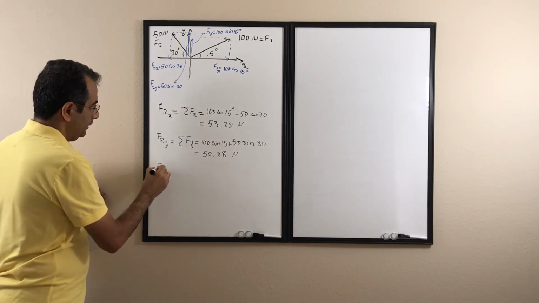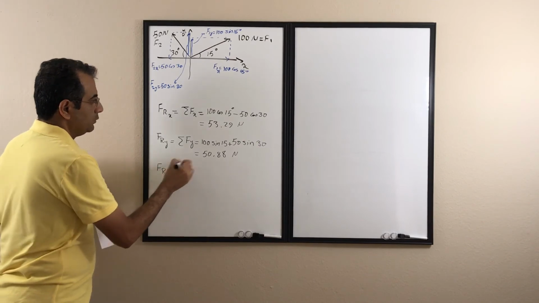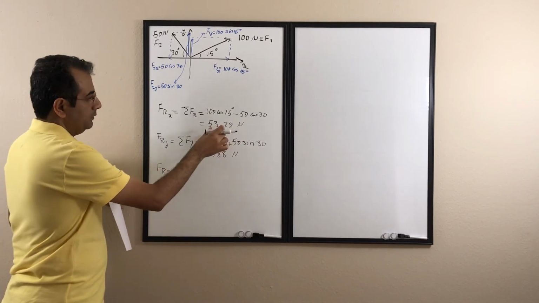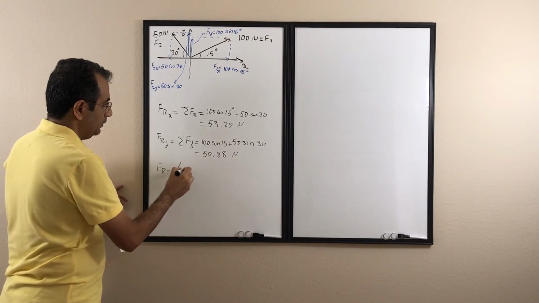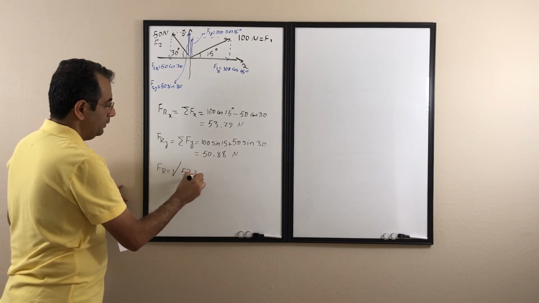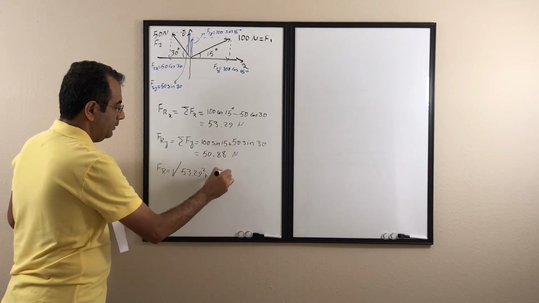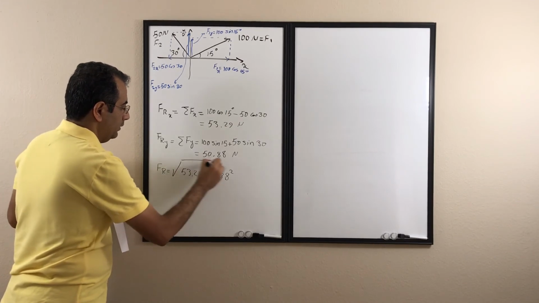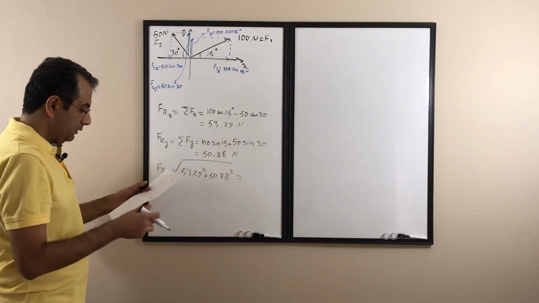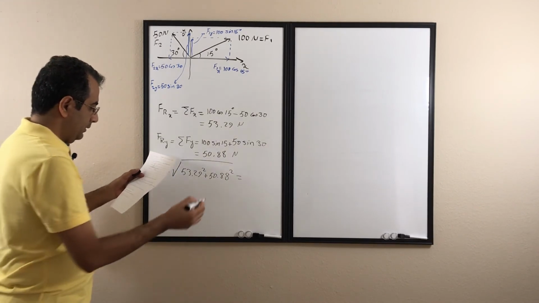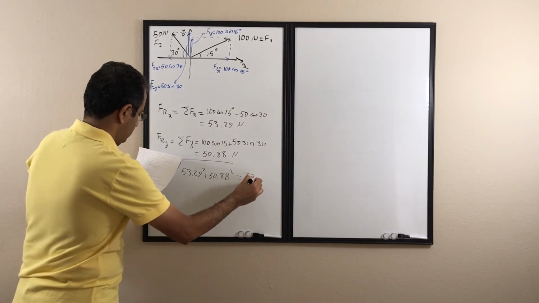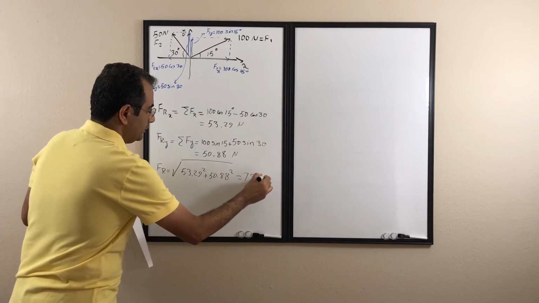And for its magnitude, it will be the square root of this squared plus this squared. So it's going to be 53.29 squared plus 50.88 squared, and the square root of that gives us 73.68.